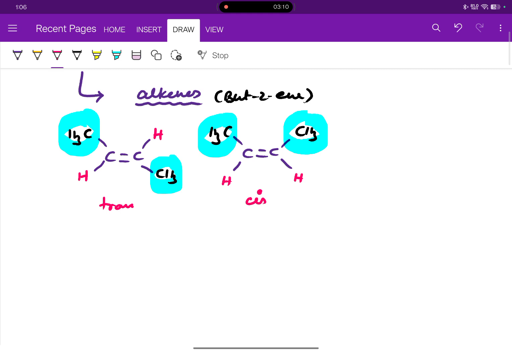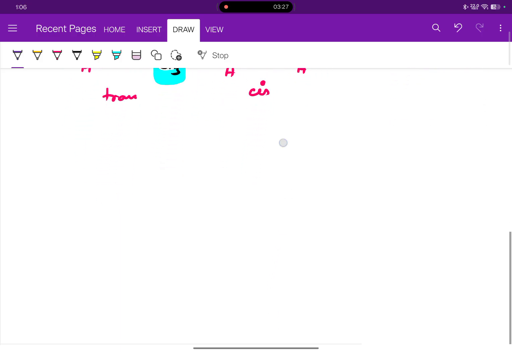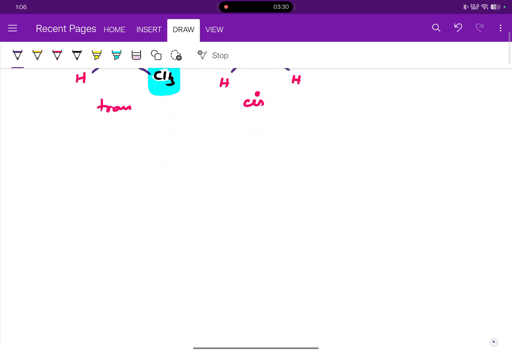Yes, since the groups are same, there is no problem. If different groups are present, then we have to go for something called EZ notation. That would be a bit out of the syllabus, so let's not get into it. Our idea is to go for optical isomerism or optical activity.